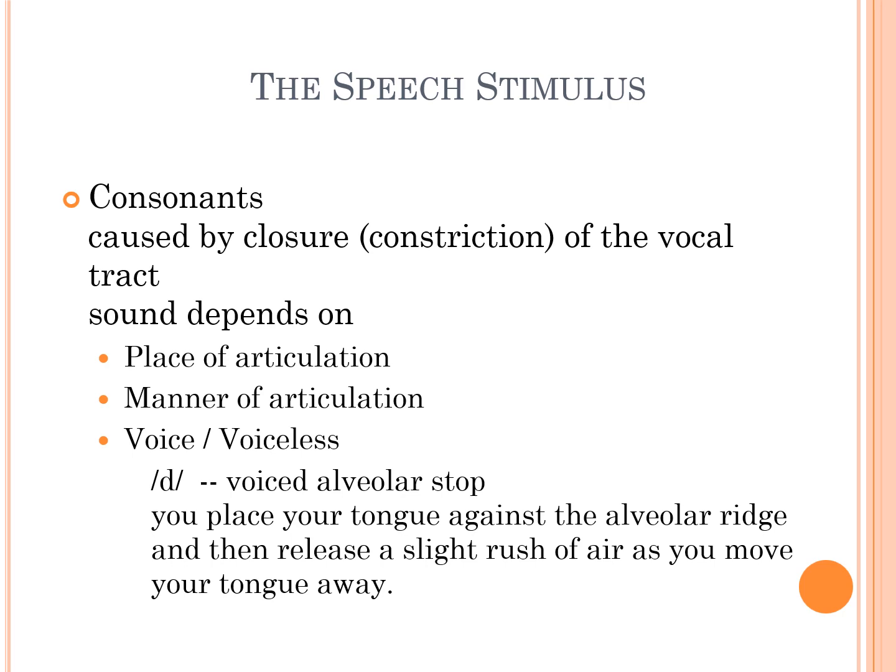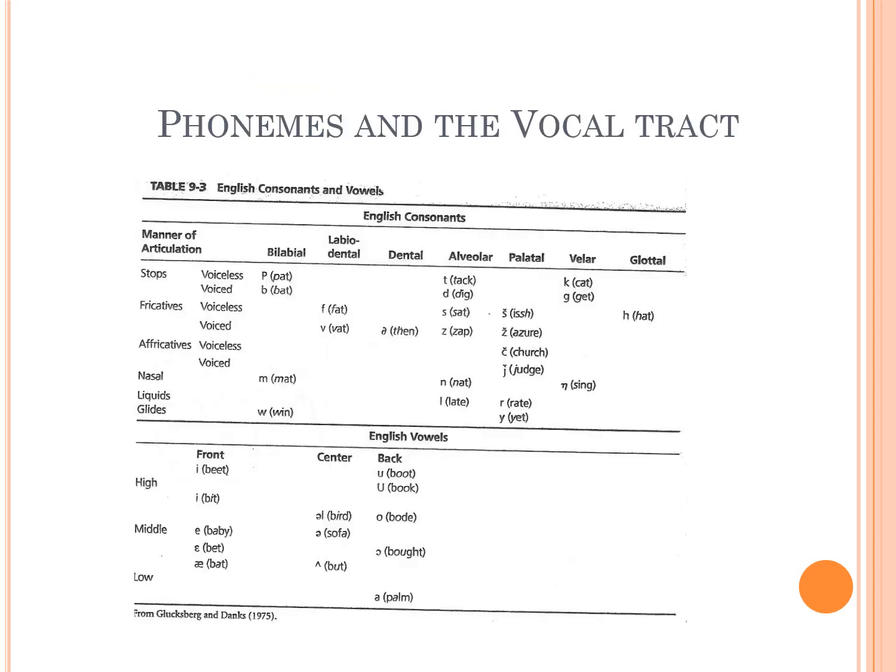I'm going to go a little bit more through manner of articulation. So again, this is usually something where I hand a handout out to the class and I tell them to feel these sounds, these phonemes, as they're saying these words, if you can tell what the words are.